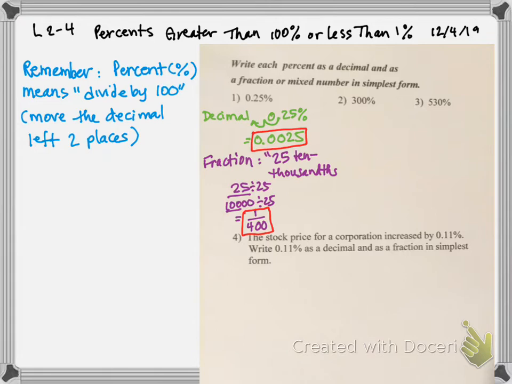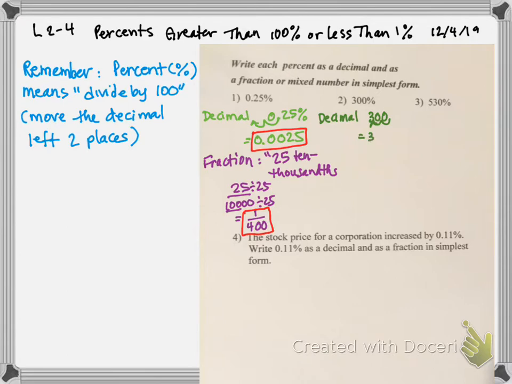All right, next, let's start with our decimal. So we're going to take our 300 and we're going to move the decimal point to the right twice. Or sorry, I did that wrong. Divide by 100 moves the decimal point left twice, and that gives me the answer of 3.